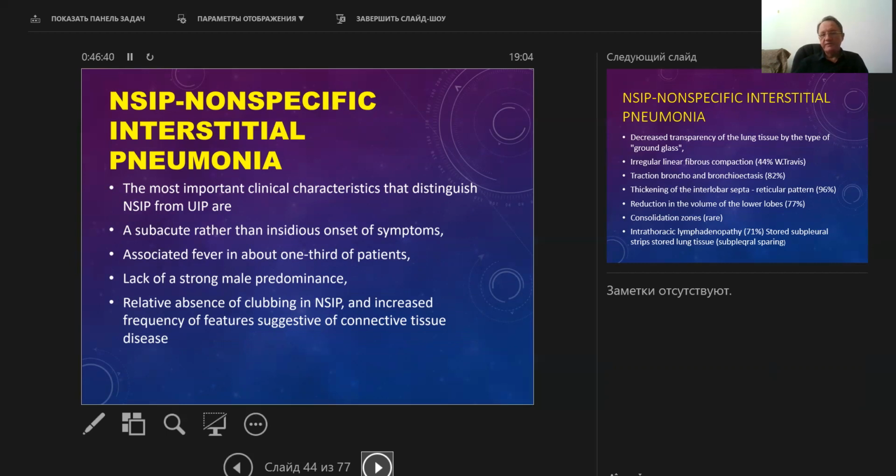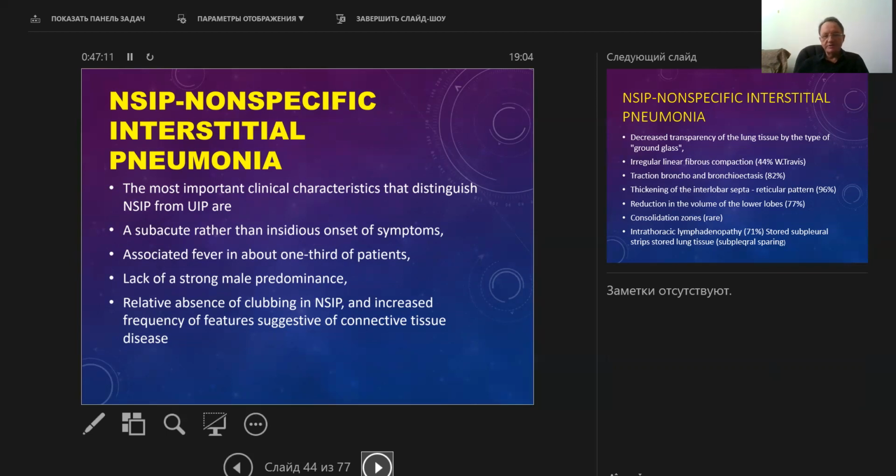In one third of patients it is associated with fever, and there is a lack of strong male predominance. We said that in case of IPF, there is male predominance. By the way, non-specific interstitial pneumonia is mostly for females, non-smoking females, and younger than 50 years old.